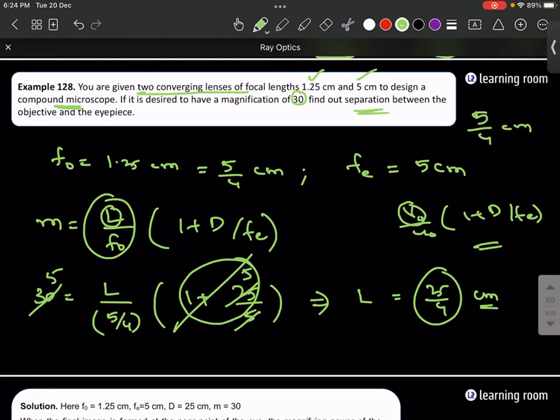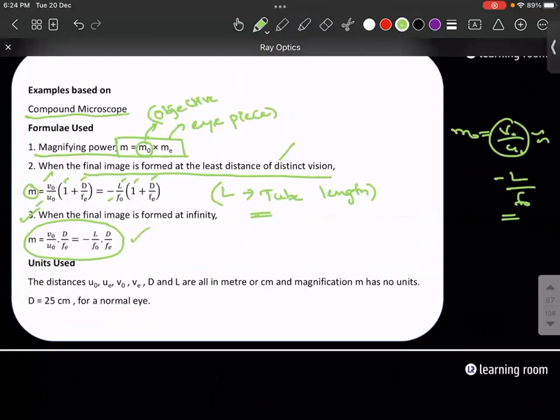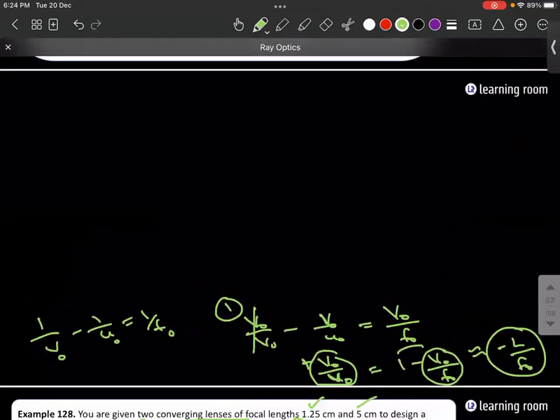Sir, does this change when it's formed at infinity? Yes, it will change, because see, the formula is changing. First see basically the idea of a compound microscope. Here you have the objective. Here you have an eyepiece. Am I right?